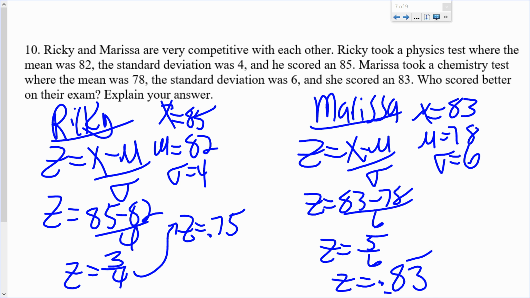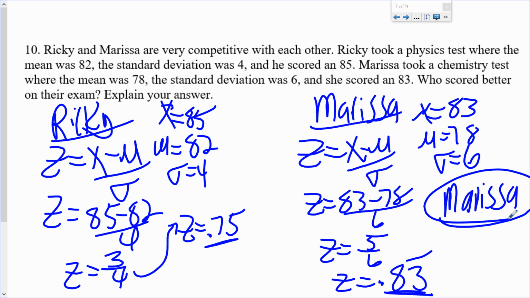So, which one is better? 0.83 or 0.75? Well, they're really close, but the 0.83 is better, so Marissa did better. That's obviously very close. 0.75 and 0.83. Let's look at the curve.